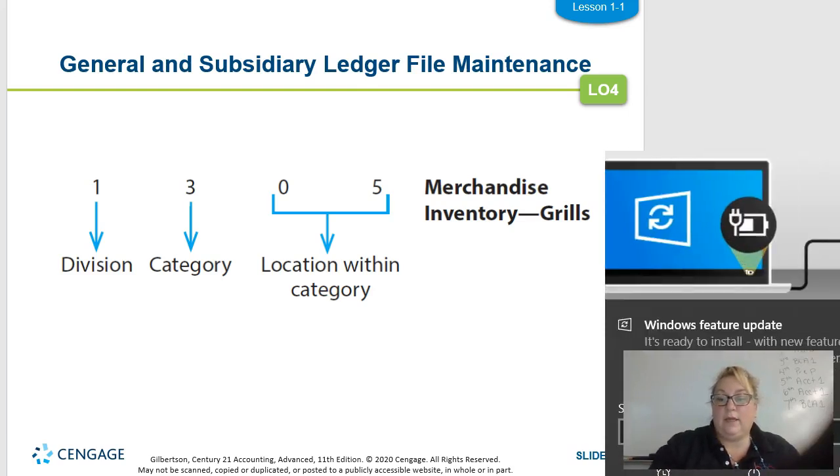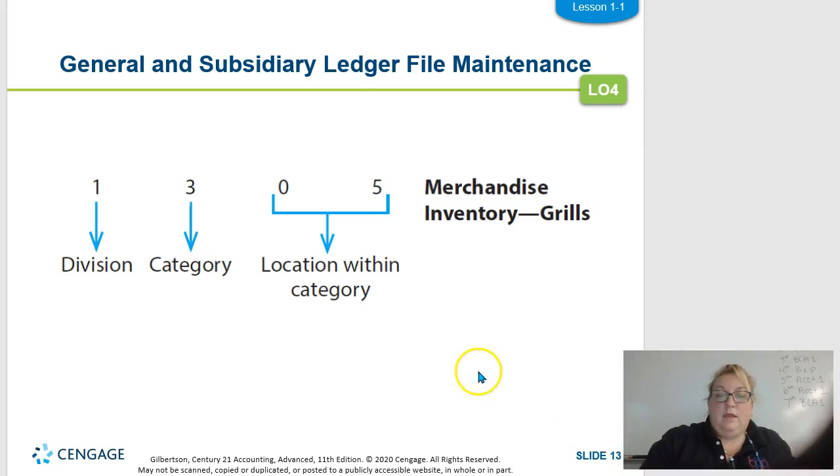The category is what category it is, and then the location is where it's going to be. In this case, this was merchandise inventory, so it's in that 3rd category, and then where it's at, towards the beginning.